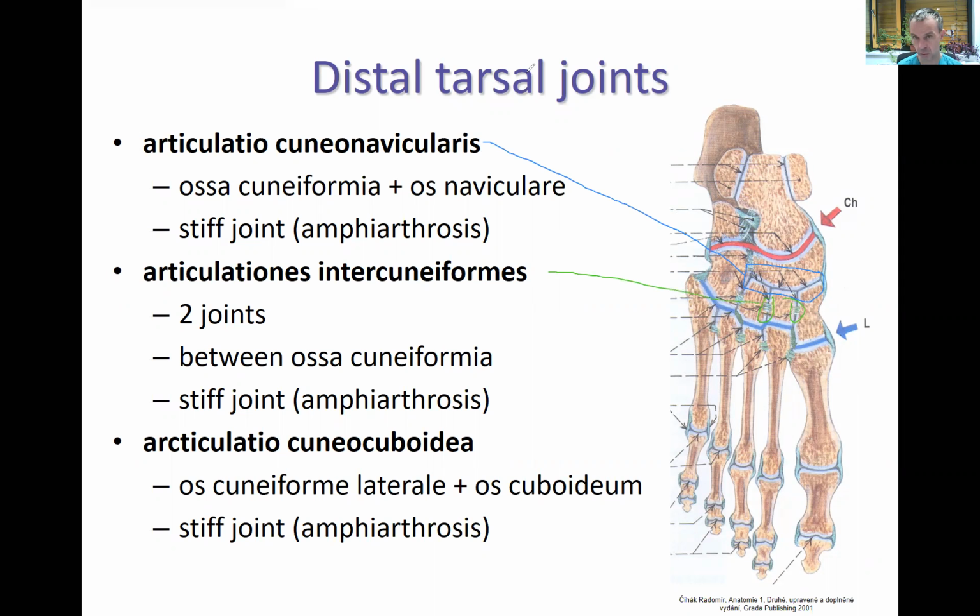And we have the cuneocuboid joint between the lateral cuneiform and cuboid bone. All these are strengthened by ligaments located plantarly, dorsally, and in between the bones. All of them are amphiarthrosis. So there is no special injury or disease of these small joints. You just should realize that the joints exist here and are quite stiff.